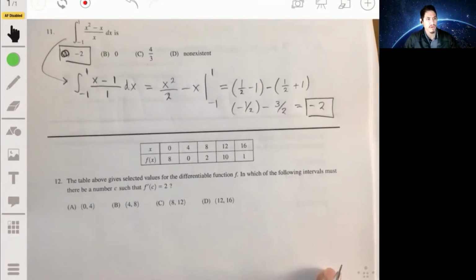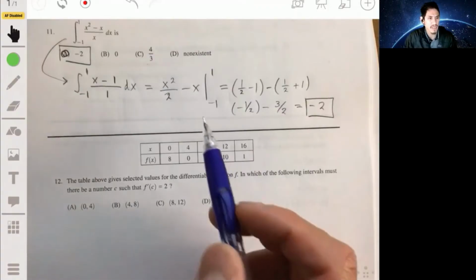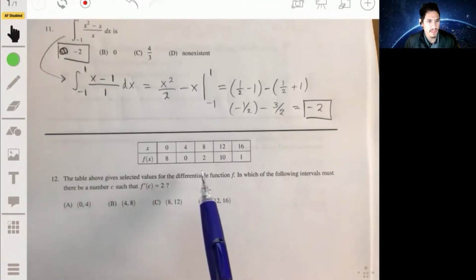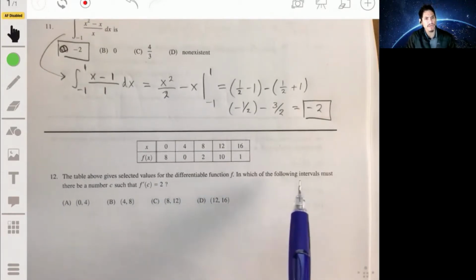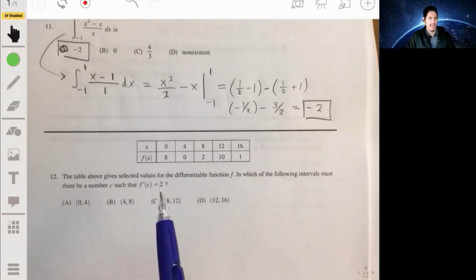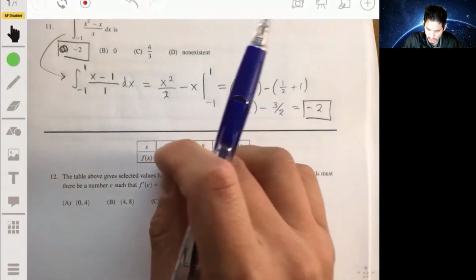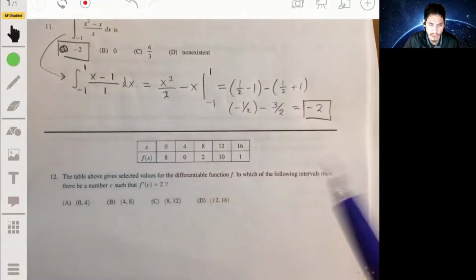At 12, we're given this table for selected values of f. We're told it's differentiable. We're asked on what interval there must be a number c such that f prime of c equals 2. Okay, so let's study what the rates of change across these intervals are.